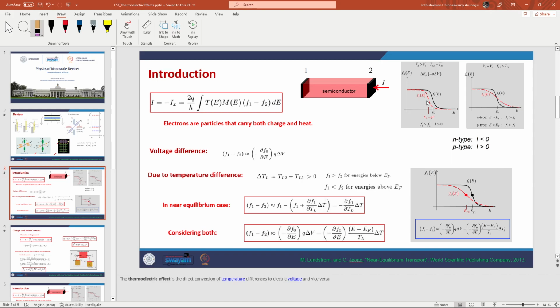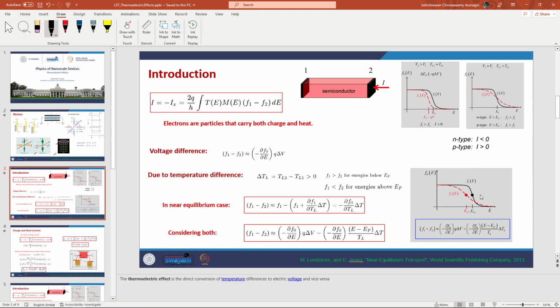So this is the shifting of the Fermi level due to a bias, and this is the change of the profile. Alternatively, we can also remember it this way: when we apply a voltage difference, there is a shift, whereas here the profile itself changes as we increase the temperature.